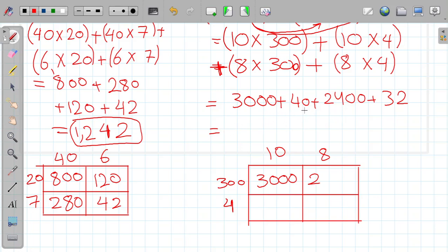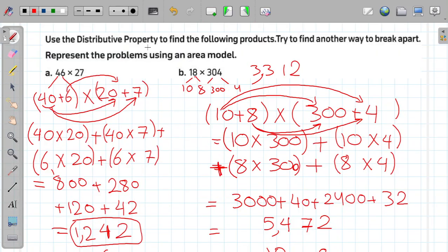So I have 0 plus 0 plus 0 plus 2 equals 2. 0 plus 4 plus 0 plus 3 equals 7. And 0 plus 4 equals 4. And 3 plus 2 equals 5. So the result will be 5,472. So let's delete this answer here. So the result will be 5,472.